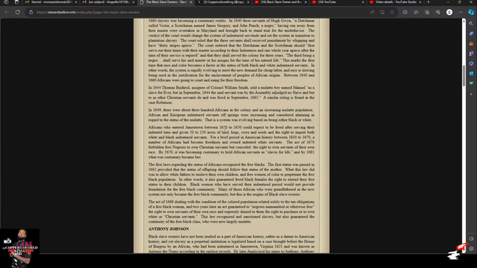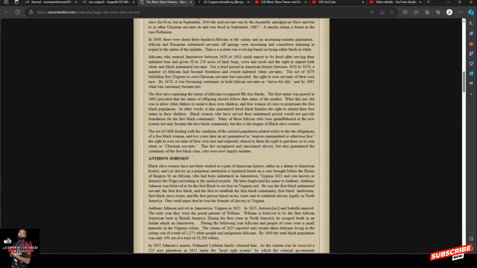The Act of 1670 forbade free Negroes to own Christian servants, but conceded the right to own servants of their own race. By 1670, it was becoming customary to hold African servants as slaves for life, and by 1681, what was customary became law. And now we know from the other research too that this included Indians, majority Indians, especially after all of these wars.